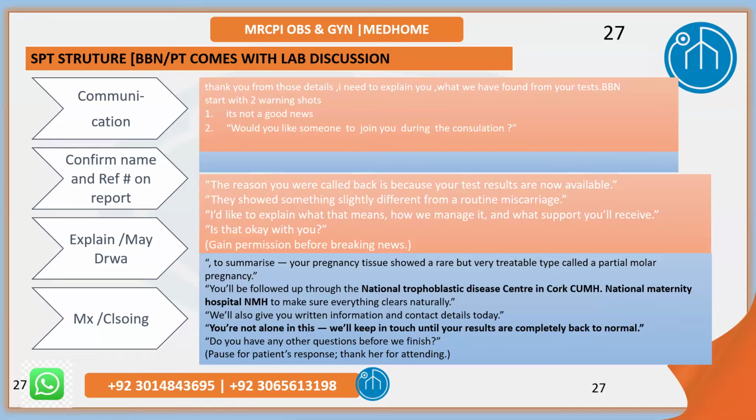The reason you were called back is because your test results are now available, the histopathology report. They have shown something slightly different from a routine miscarriage. I would like to explain what that means, how we manage it, and what support you will receive. Is that fine with you? Can I continue with that?